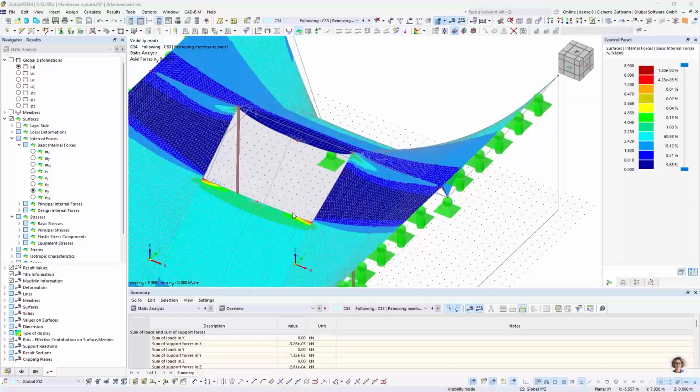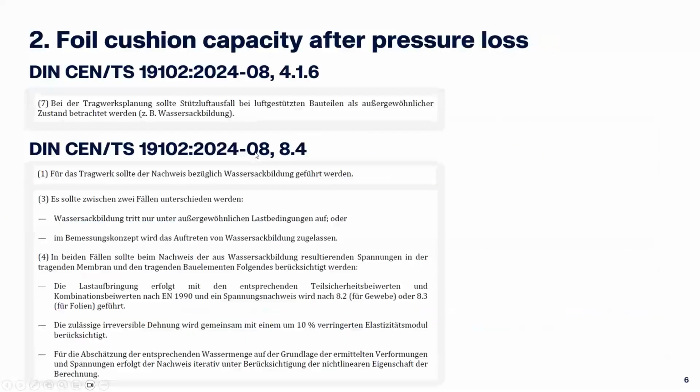Let's go back to the presentation and jump to the second one, the FoilCushion. So here again, some parts of the code for the FoilCushions.